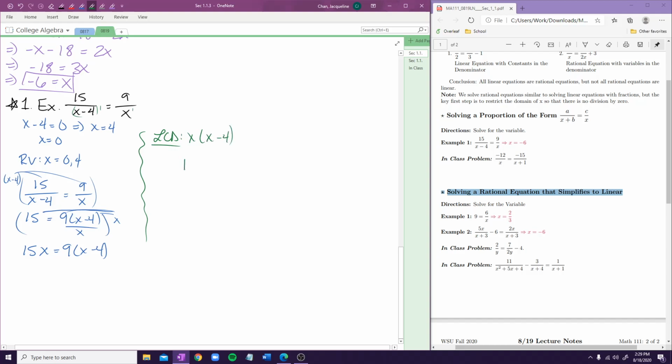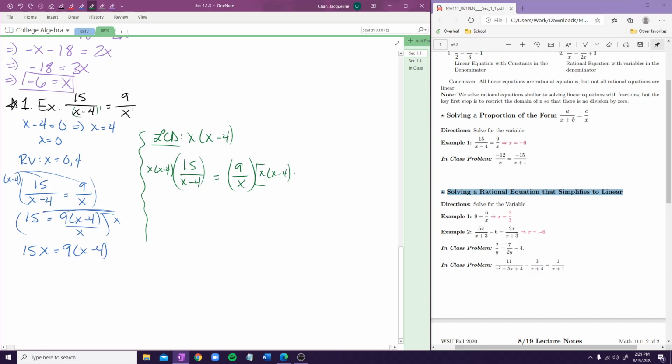So what am I going to do with my LCD? I'm going to take my equation and multiply both sides by x minus 4. If you want, you can put brackets here.